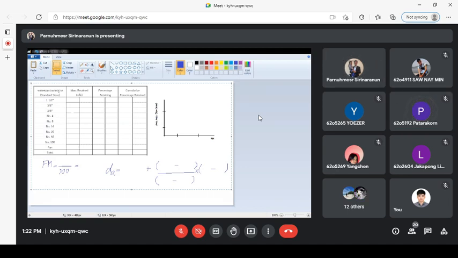Send your preparing. Don't forget to write your name and ID too, R3, in the sheet. You can prepare, write down the equation, okay?